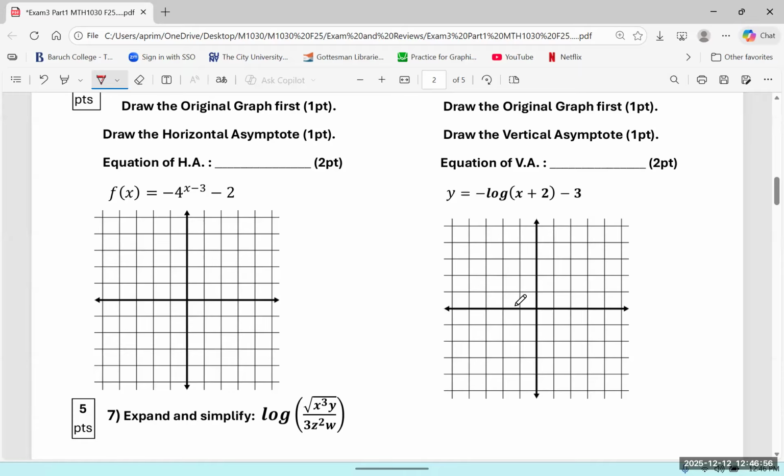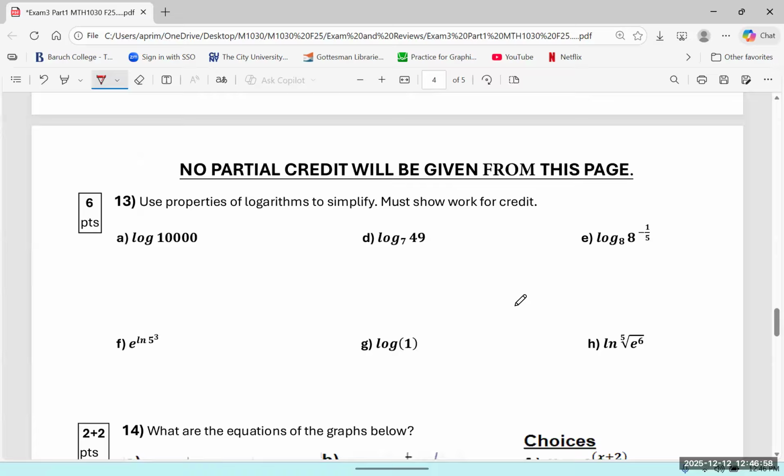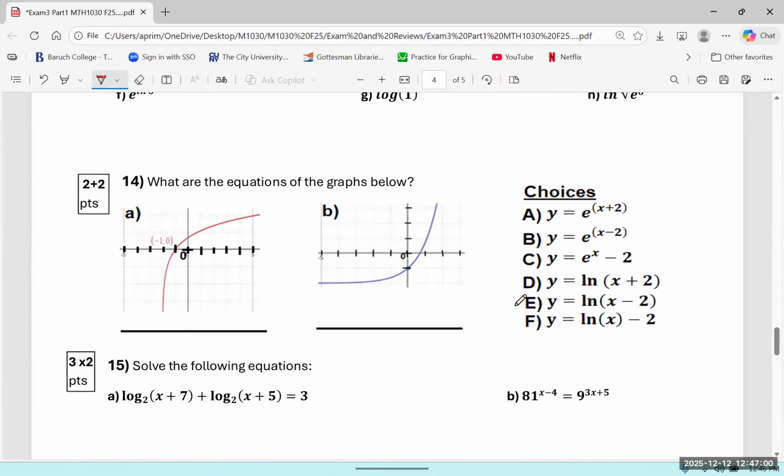So since we're talking about work, let's do this one first. We have a bunch of equations and a graph. You have to match which equation matches the graph. By looking at A, we have only exponential and log, and they don't have any reflection.